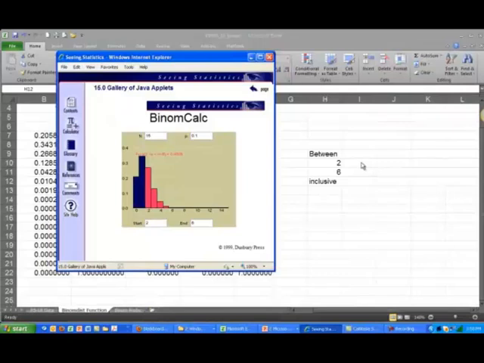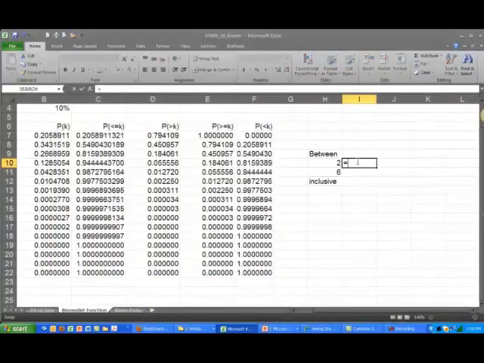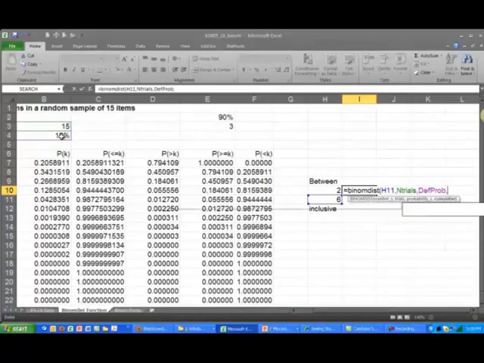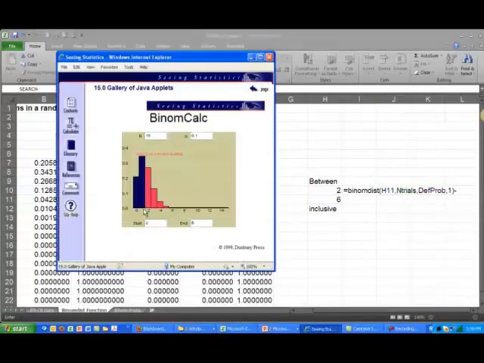I'm going to say equals binomial dist of my larger value 6, comma, n, comma, p, comma, 1, minus, and here's where I have to be a little bit careful, minus what? I don't want to say minus binomial dist of 2, comma, n, comma, p, comma, 1, because if I did that, I'd be subtracting away the probability of being 2 and everything below. So I have to be smart about it and say, no, I'm only going to subtract the probability of being at 1 and everything below.